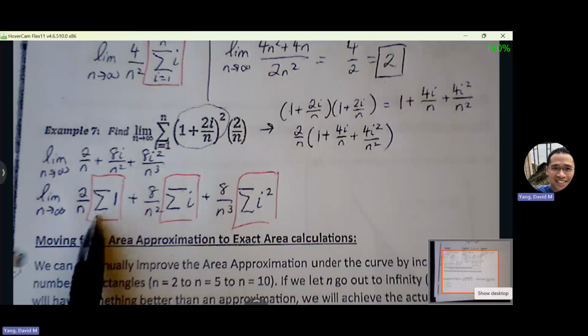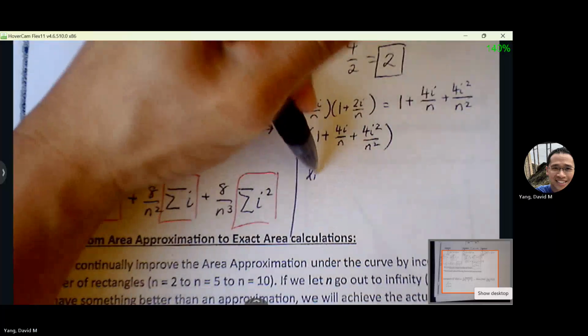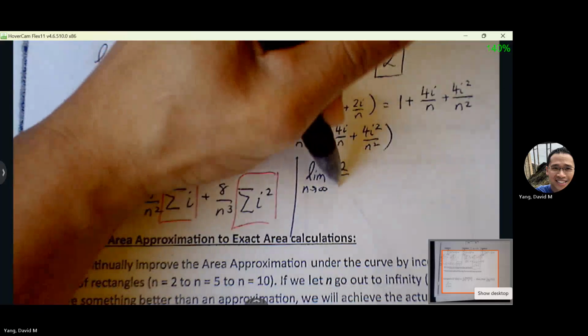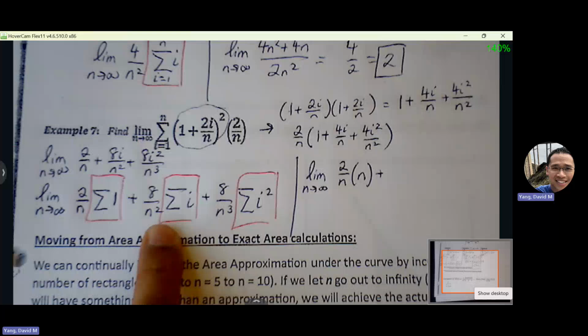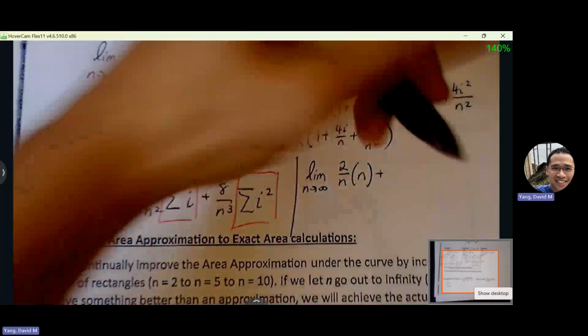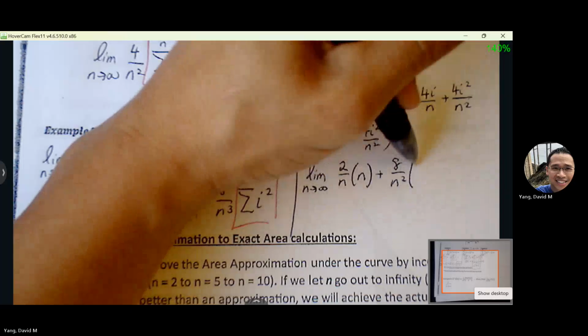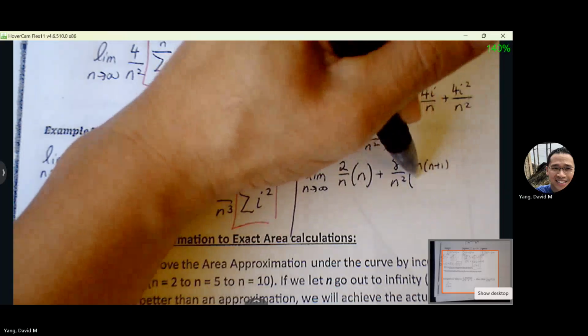Okay, so from the previous page, summation 1 is just going to be n. Summation i is just going to be n times n plus 1 all over 2.